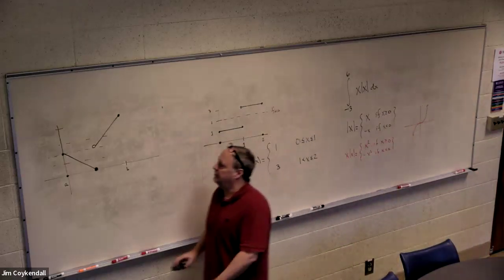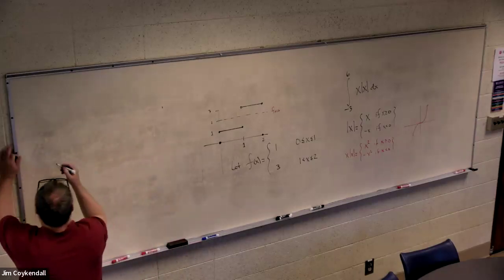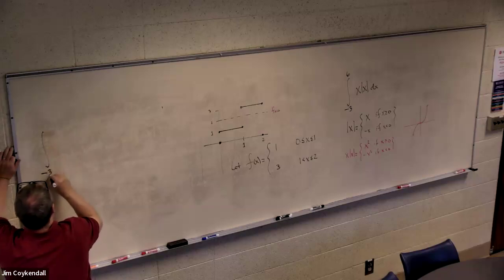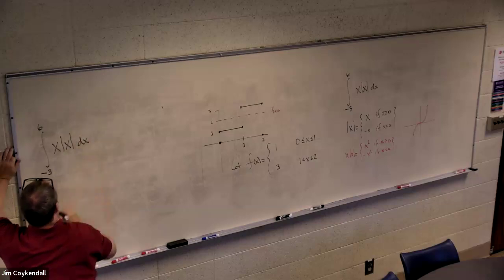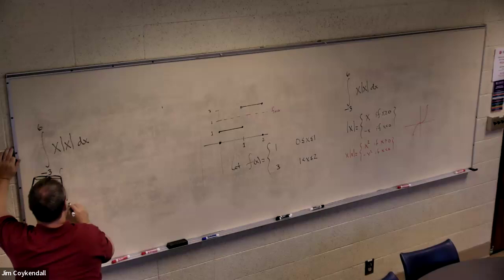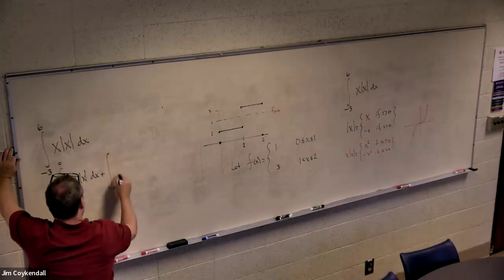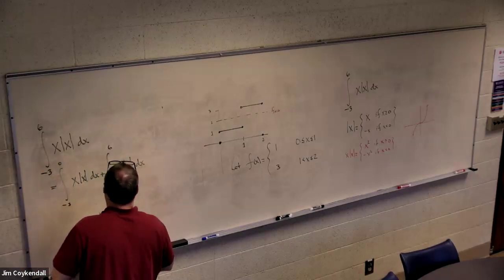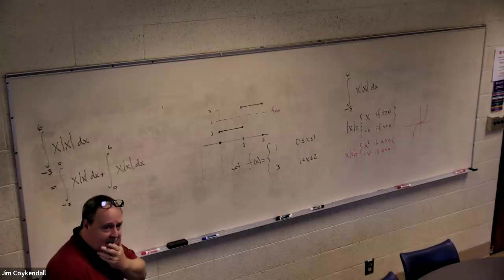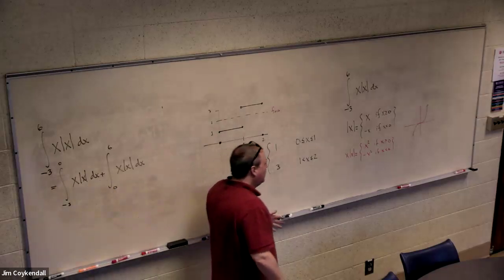Well, so let's get to the integral here. So if you want to do this, this is the integral from -3 to 0 plus the integral from 0 to 6. Now, why did I break it up this way?